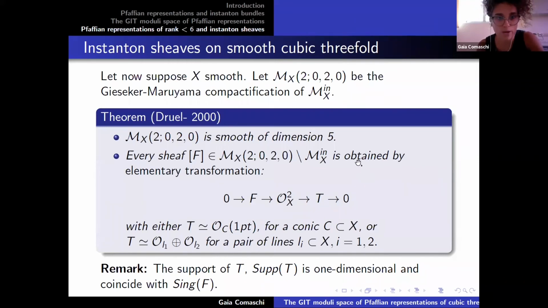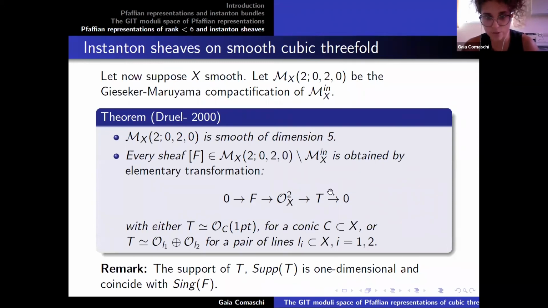When I say that it is obtained by elementary transformation, it means that the sheaf will fit in an exact sequence of this form. We can observe that the support of the sheaf T will be exactly the locus where the sheaf F is not locally free.